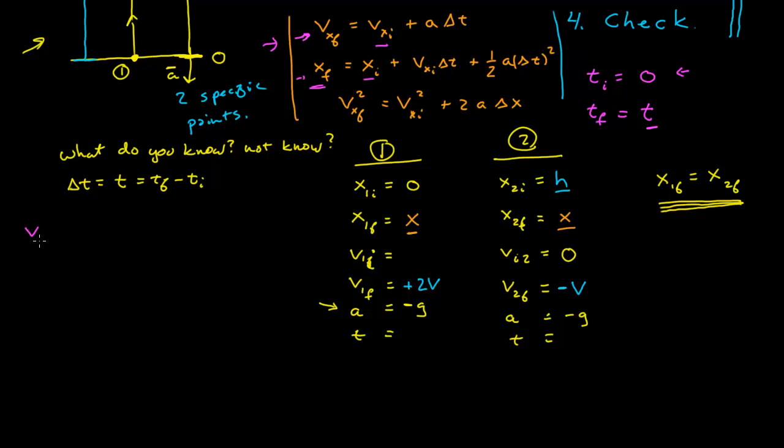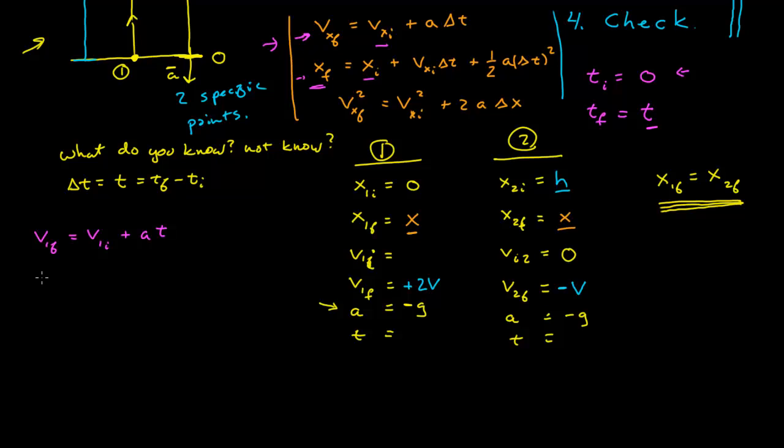Oh, sorry. Let's use the first one here, which is the final velocity equals the initial velocity of 1 plus the acceleration times time.